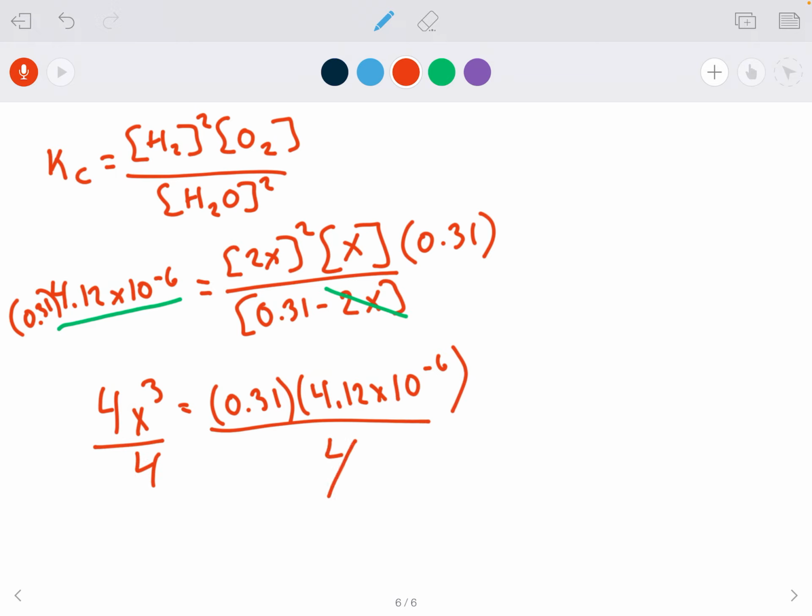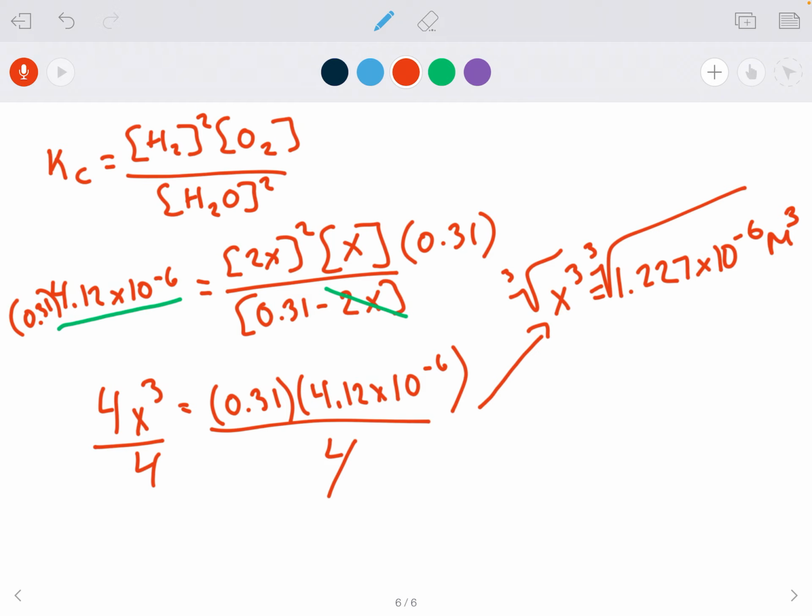So I divide each side by 4. I get x cubed is equal to 1.227 times 10 to the minus 6th molar cubed. So then take the cube root of each of those, and x is equal to 0.011 molar.